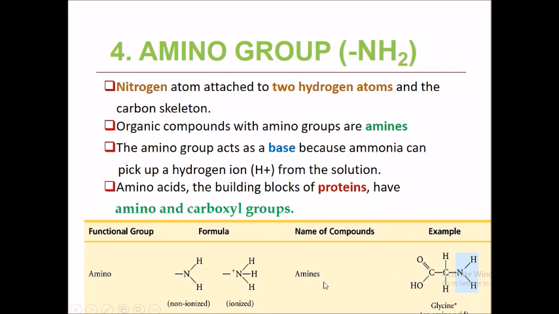The amino group acts as a base because it can pick up a hydrogen ion from the solution. Therefore, it helps to reduce the hydrogen ion concentration in that solution. And amino acids are the building blocks of proteins, where the amino acid has an amino group and also a carboxyl group in its molecule.